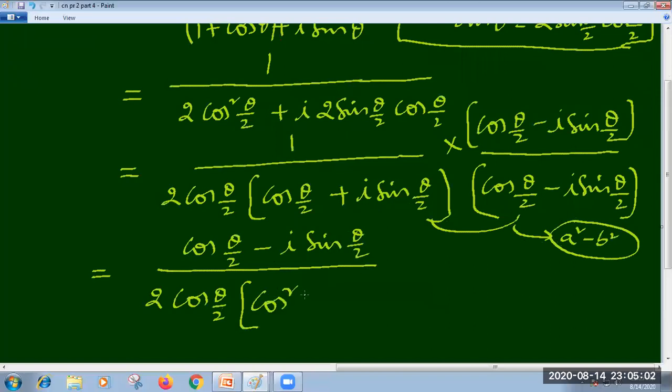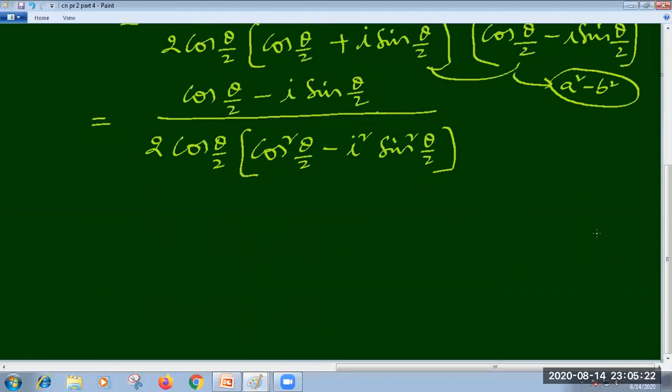So this is cos square theta by 2 minus I square sin square theta by 2, since I square is equal to minus 1.